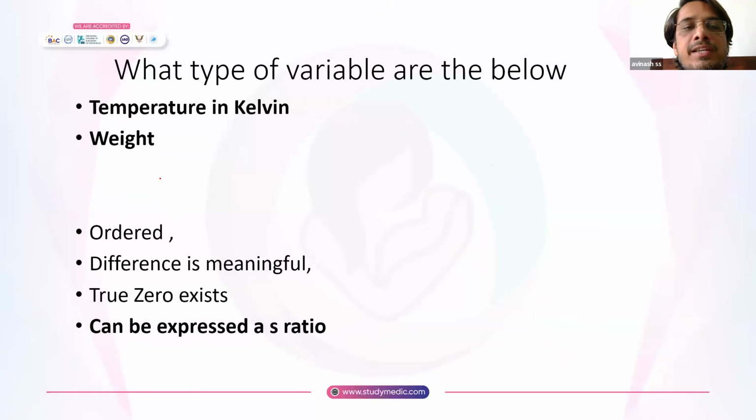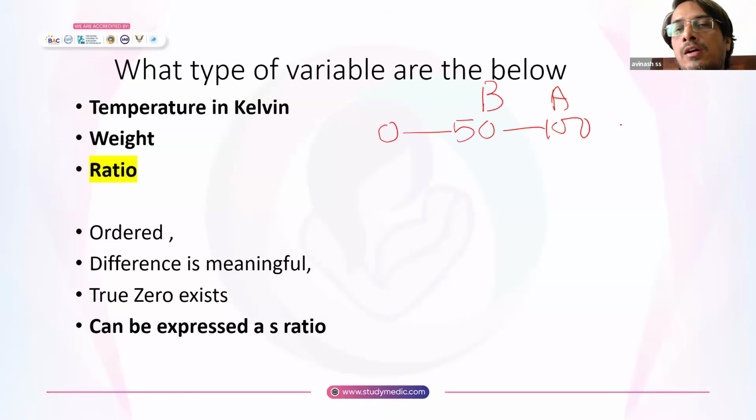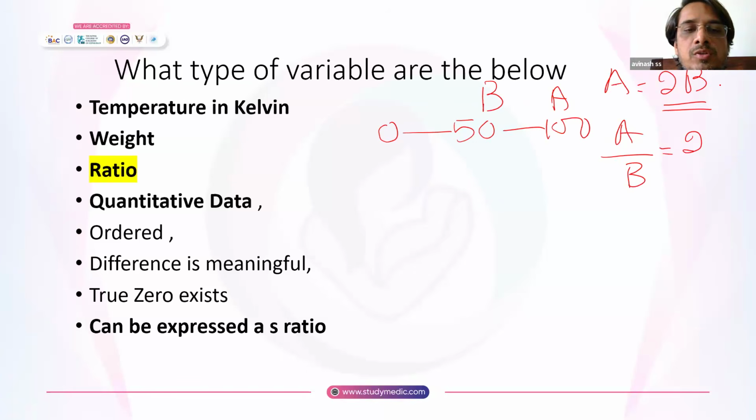For example, temperature in Kelvin or weight can be expressed as a ratio. Because a true zero exists, for a person weighing 100 kg and another weighing 50 kg, the ratio is 2, or we can express A as 2 times B. That means he weighs 2 times heavier than person B, because it has an absolute zero. So they can be expressed as ratios, and such a scale is called the ratio scale of measurement.